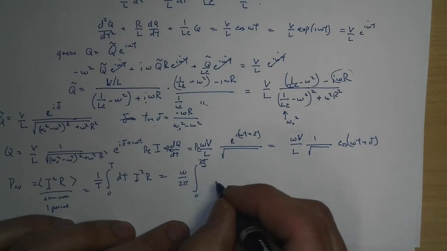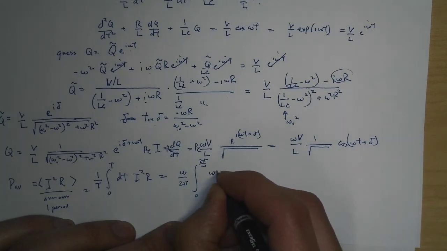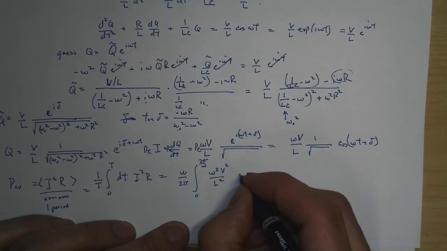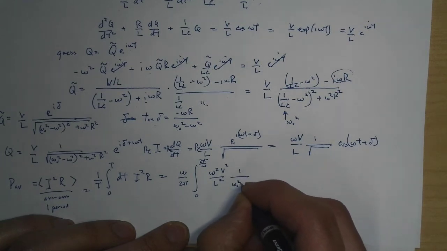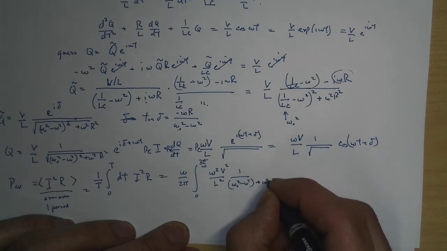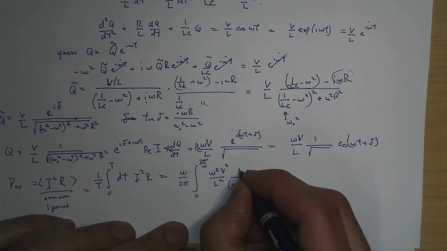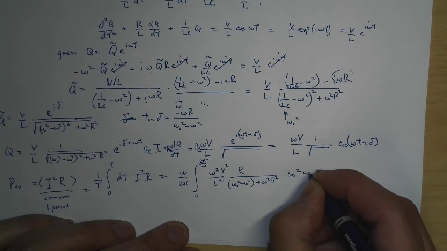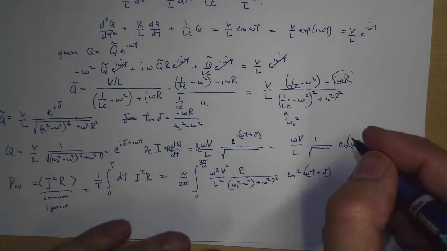And now I need I squared, which is basically omega squared V squared over L squared, 1 over the entire thing, which is omega naught squared minus omega squared, squared, plus omega squared r squared. That's I squared. I multiply times r on top. That's this r right there. Cosine squared omega t plus delta, and then dt.